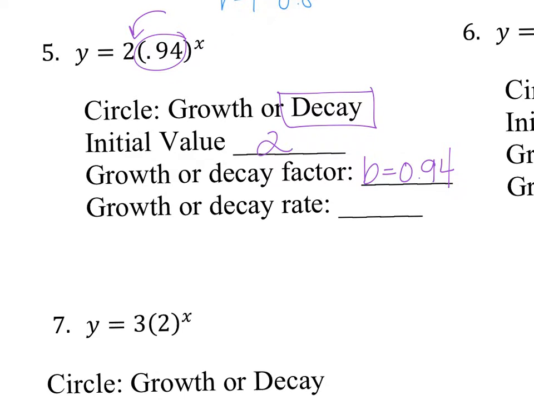Because it's decay, my rate equals 1 minus B. So I'm going to have 1 minus 0.94, which equals, not B, it is definitely R, 0.06. And that is my rate.